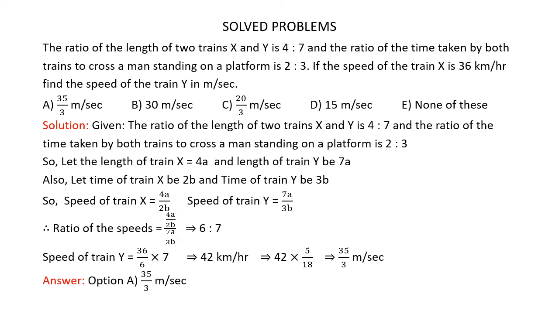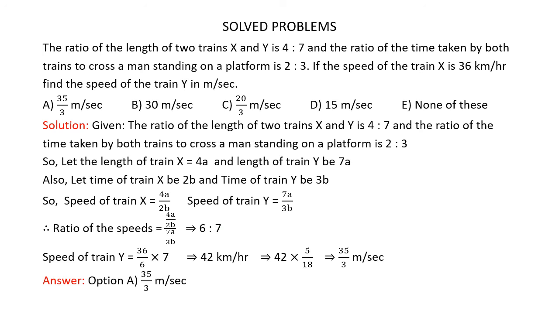On solving this, we get the ratio of the speeds as 6 is to 7. This means that if the speed of train x is 6 kilometers per hour, then speed of train y will be 7 kilometers per hour.